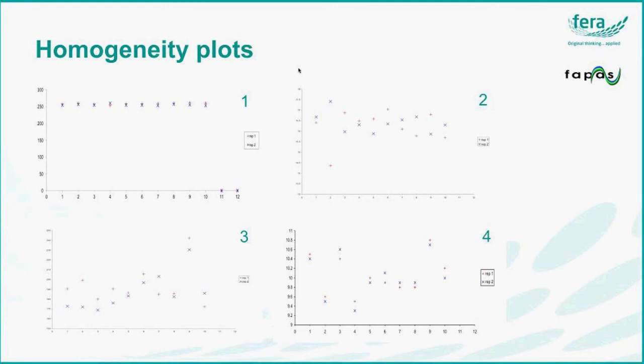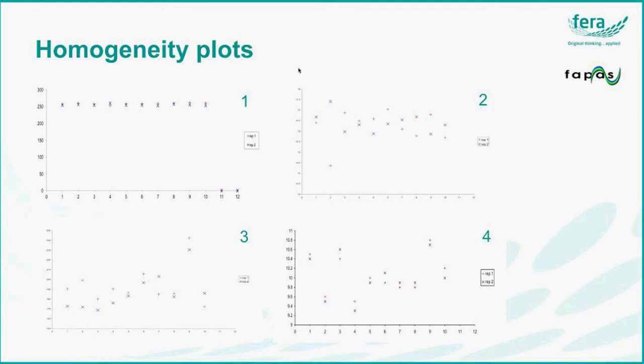Plot number 3 shows sample number 9, where both the analyses, the blue cross and the red cross, are very different to the other samples. This indicates a lack of homogeneity for that one sample.